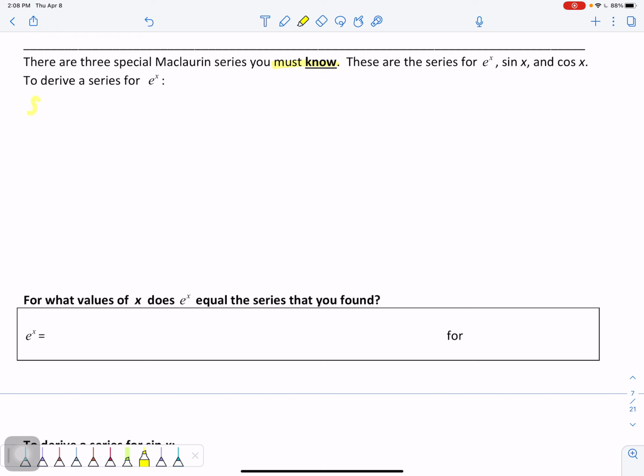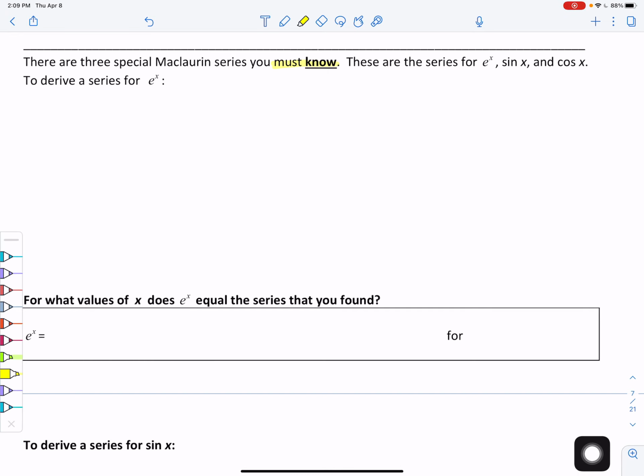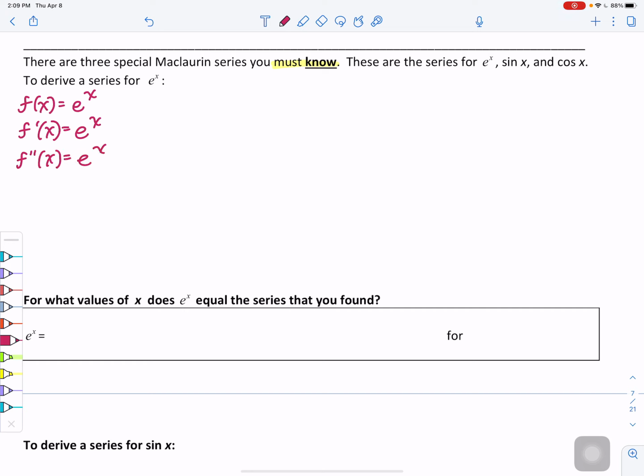So we have f of x is equal to e to the x, f prime of x is equal to e to the x, f double prime is equal to e to the x, and so on and so forth.